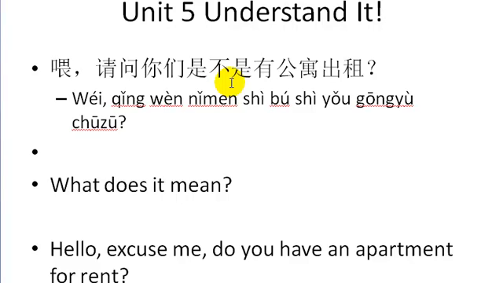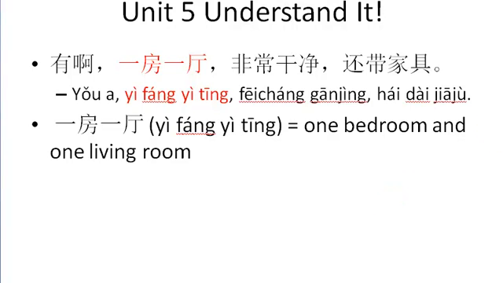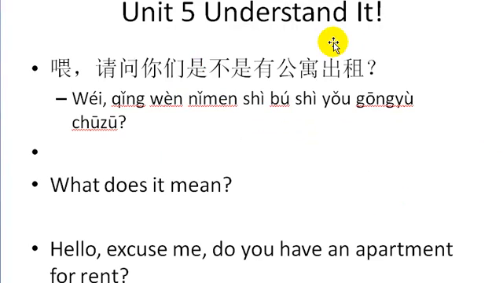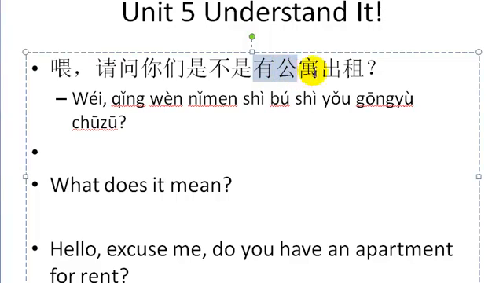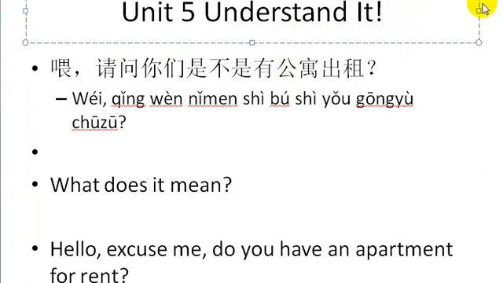True or not true. Have an apartment to rent out. So you remember the question, 有公寓出租. So here's the main verb. Do you have an apartment that's available?